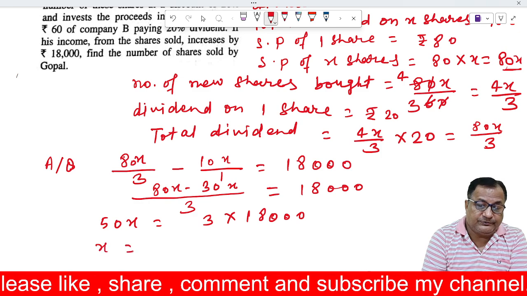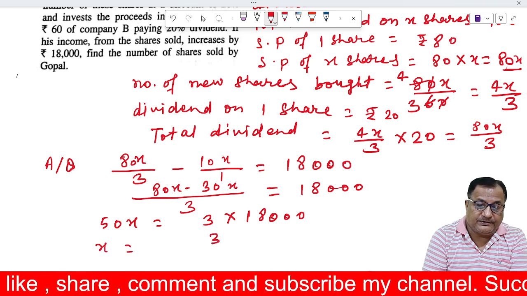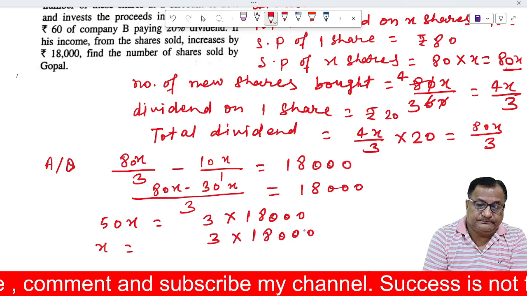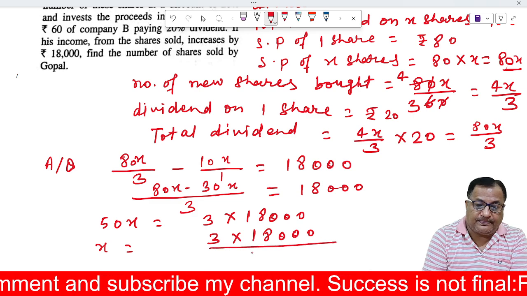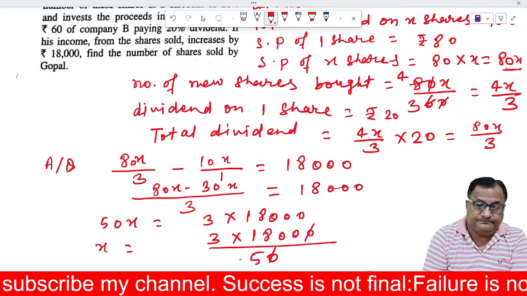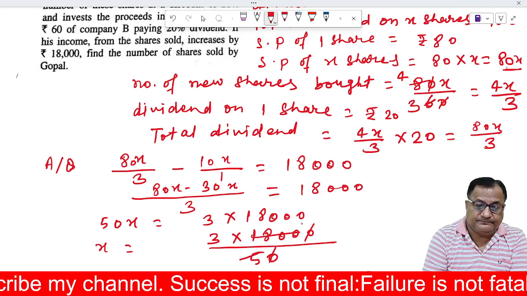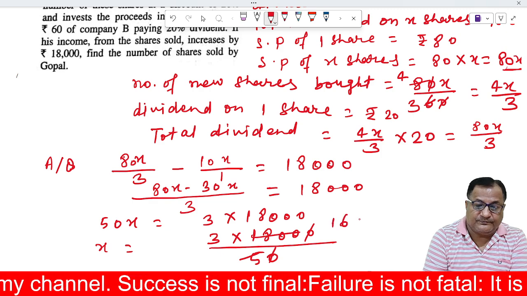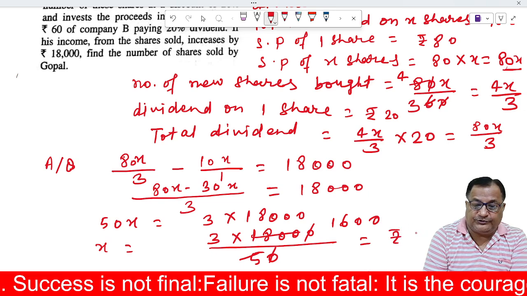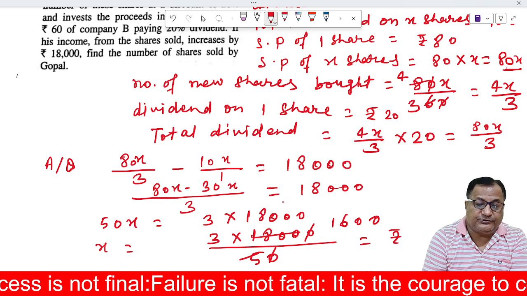X is equal to 3 into 80,000 divided by 50.